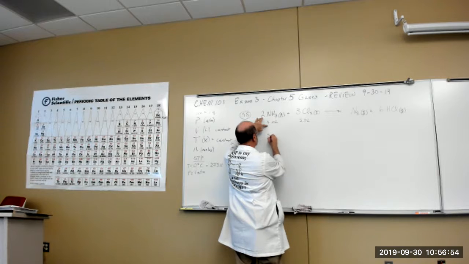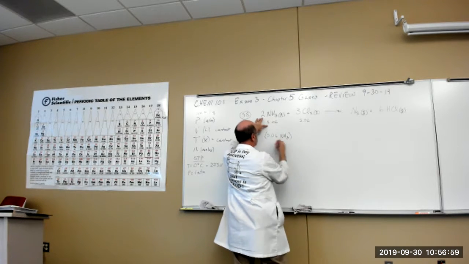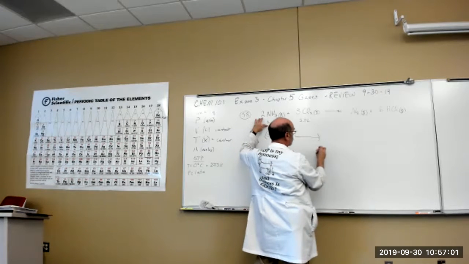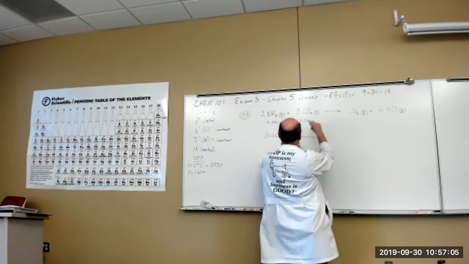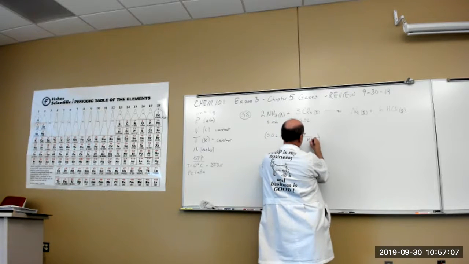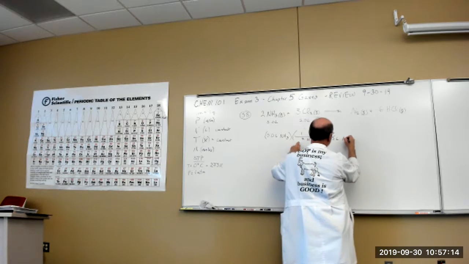Let's do it this way. We're going to convert to nitrogen first. So it's 2 to 1. So we get 2.5 liters of nitrogen.